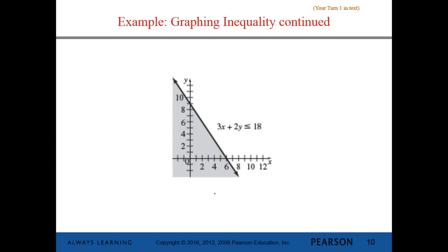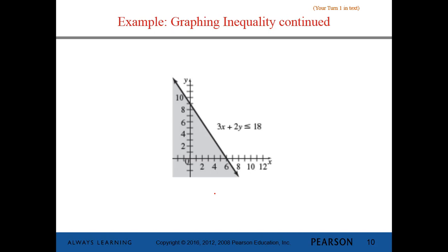So there are two different ways to do these. You can solve the inequality and put it in slope-intercept form, okay? Then you plot the line, and you know instantly whether you're going to shade below the line or above the line.